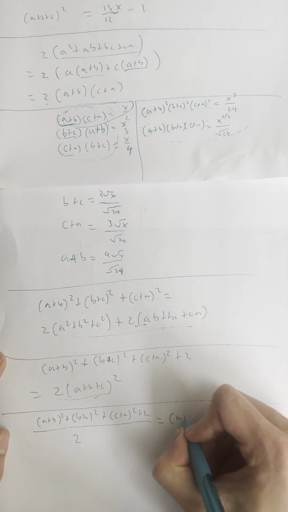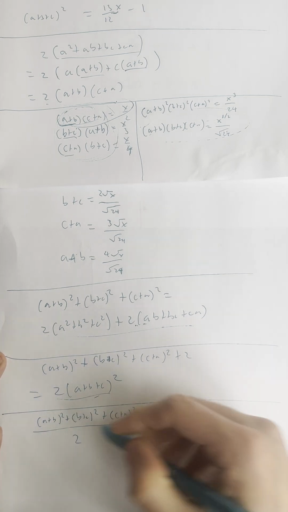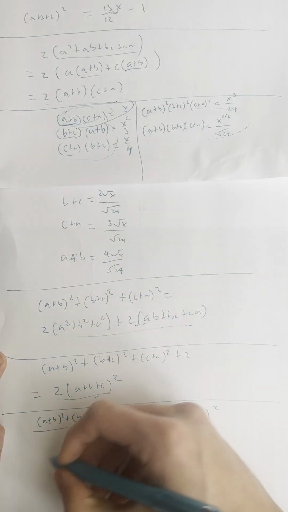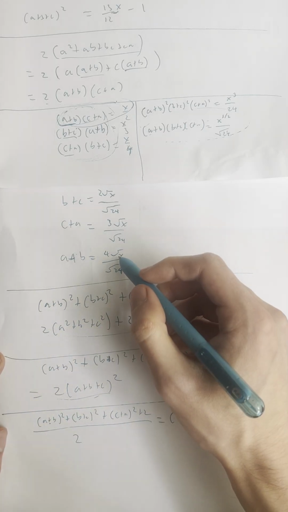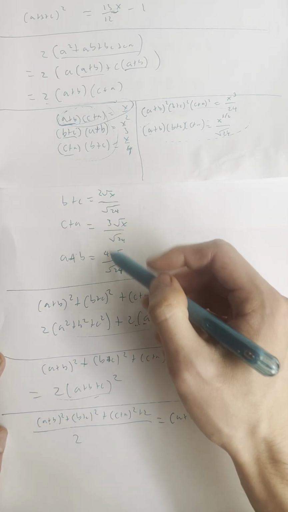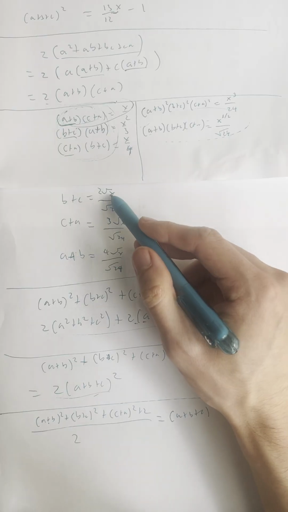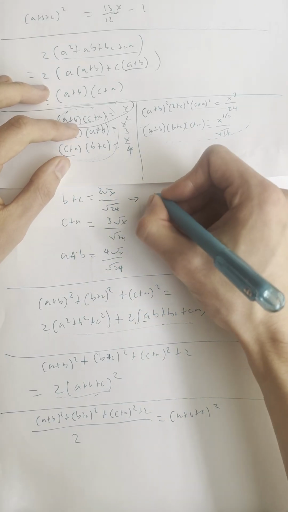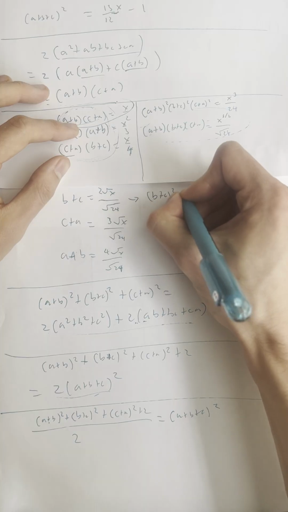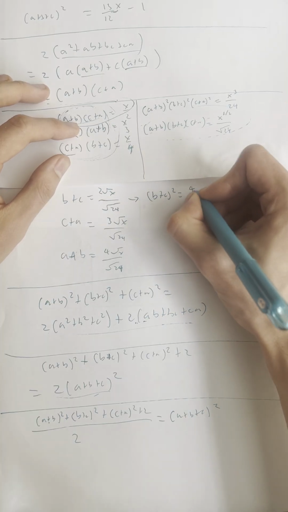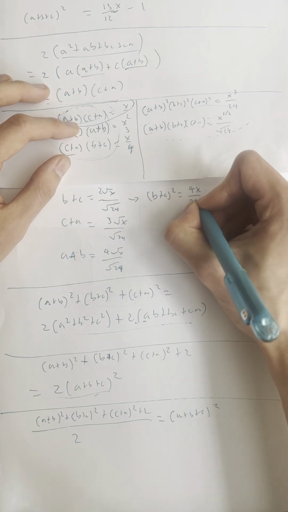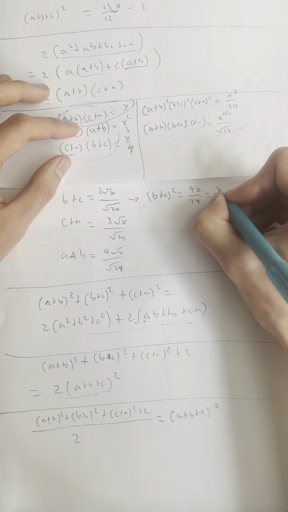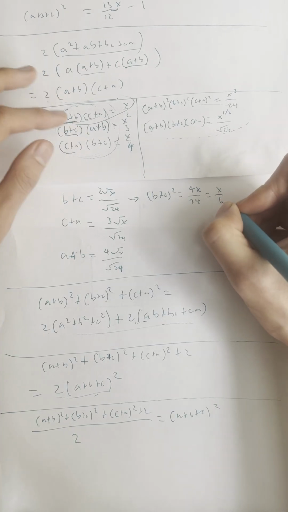This is equal to a plus b plus c squared. Okay, and then we'll just plug these in. It doesn't matter in which order we add these. b plus c squared is equal to 4x over 24, which is x over 6.